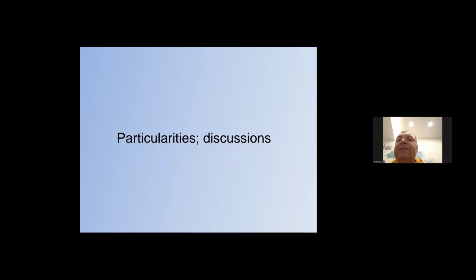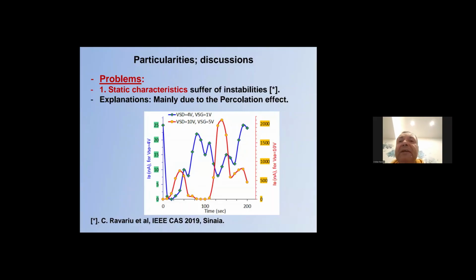And now a few particularities and discussions concerning these measurements. For the static characteristics, we observed that if we keep the probes on the film and continue the measurement along the time, at different minutes and seconds, as you see here, we recorded in 200 seconds what happened.